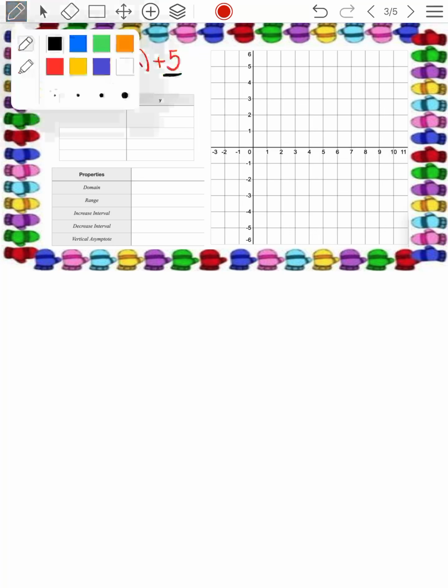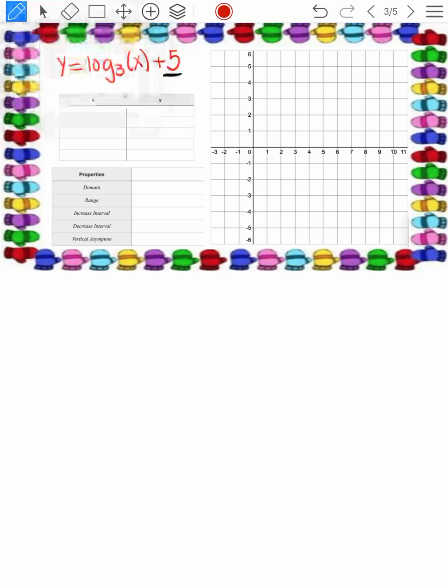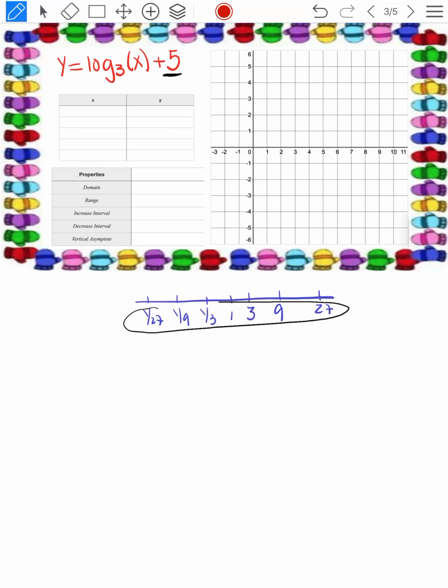So my y values are going to get impacted in my table. But the way I start is going to be the same, right? I have a base 3, so I'm going to start with making my number line a base 3. And these values, the where I land, are going to help me determine my x values.